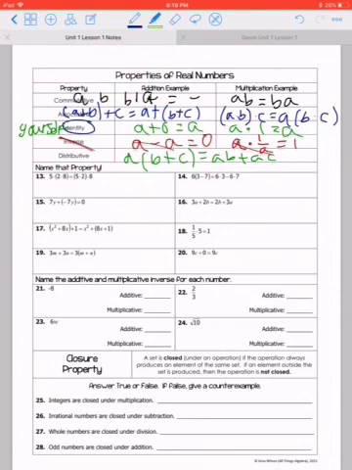Just for the first few, I'm going to highlight what is changing. In the parentheses, we started with 2 and 8 on the left side, then on the right side of the equal sign, the parentheses are now around 5 and 2. So what's changing there is what the parentheses are grouping. That's an associative property, and we're multiplying here, so associative property of multiplication.